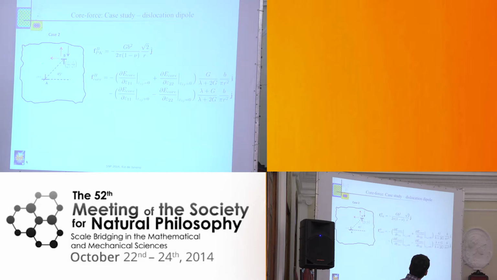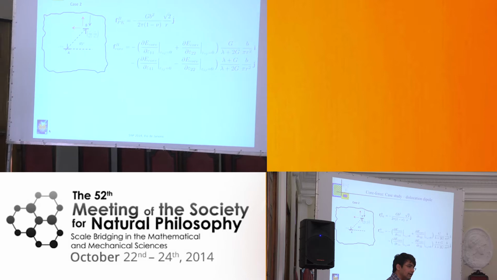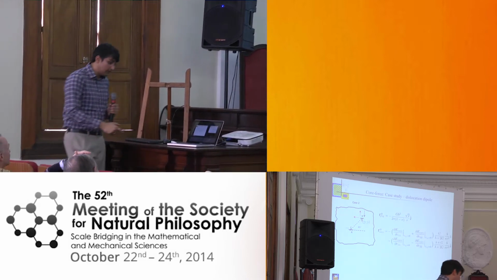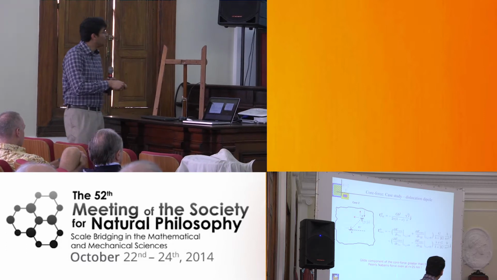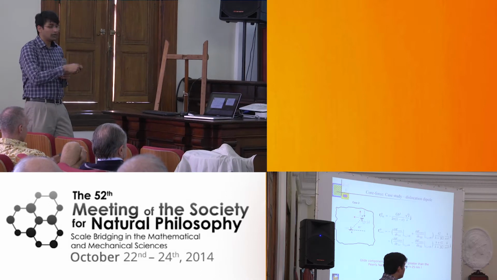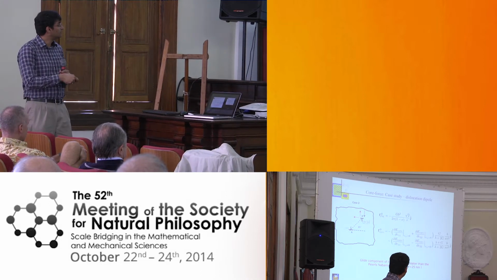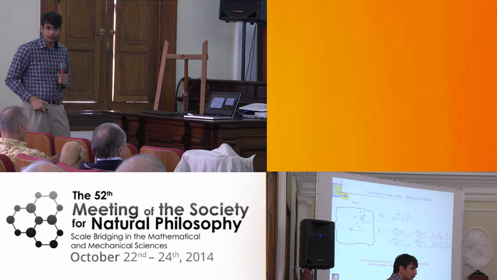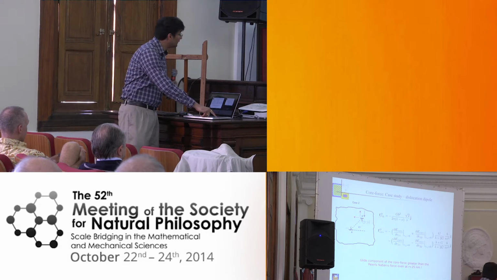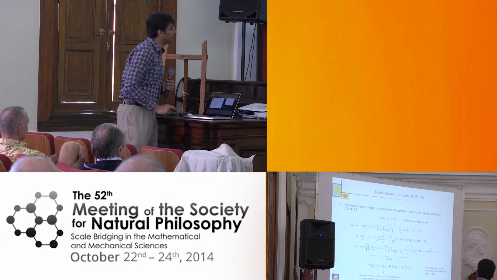We computed this glide component and estimated at what point it will be greater than the Peierls-Nabarro force, because then the dislocations would just glide. Interestingly, we found that even when the distance between these two dislocations is 25 nanometers, the glide component is large enough compared to the Peierls-Nabarro force that just the core interactions can cause this dislocation to glide, which shows that these effects are present fairly long-ranged in defects.